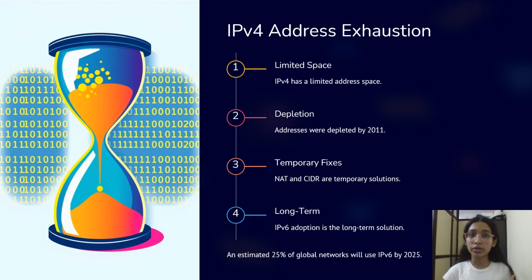Addresses were depleted by 2011, and temporary solutions to these problems are NAT as well as CIDR, whereas the long-term solution is IP version 6 adoption. An estimated 25% of the global network will be using IP version 6 by 2025.